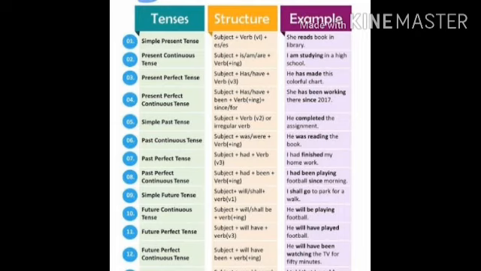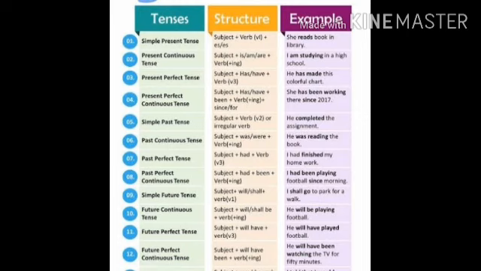We always use third form of verb. So the example of present perfect is he has made this colorful chart. Has made. Made is third form of verb. So in a negative sentence we will use he has not made this colorful chart, and in interrogative we will use has he made this colorful chart.